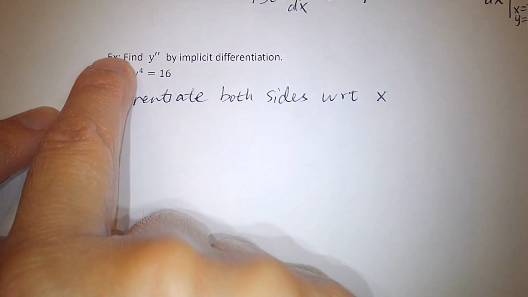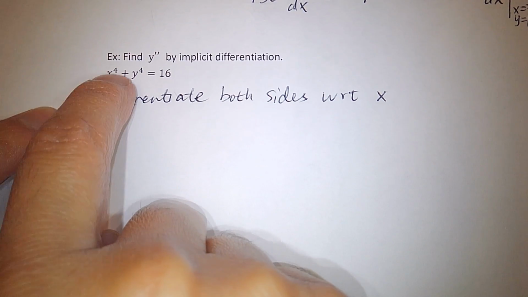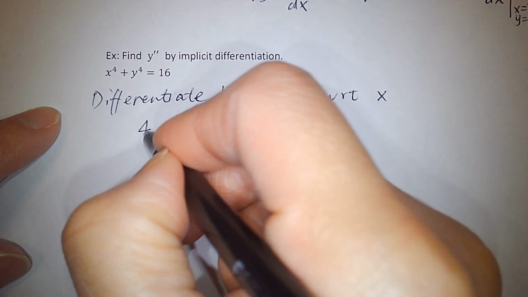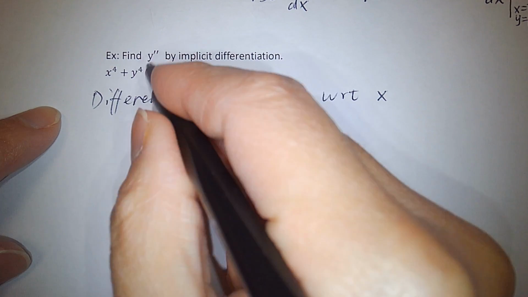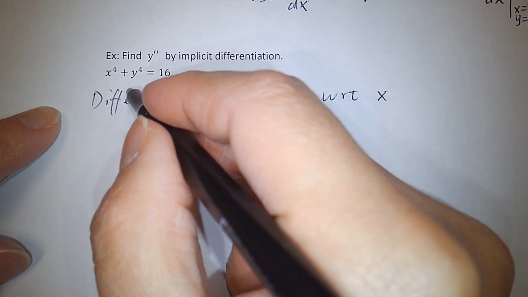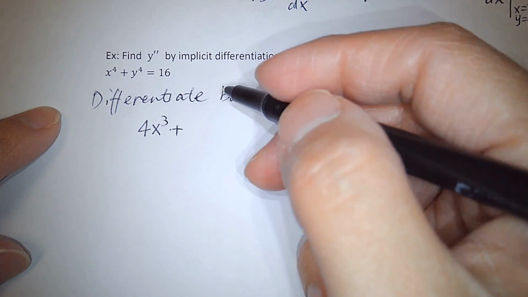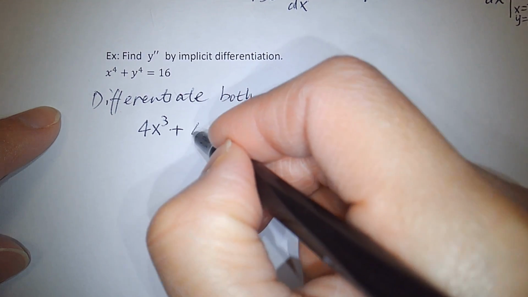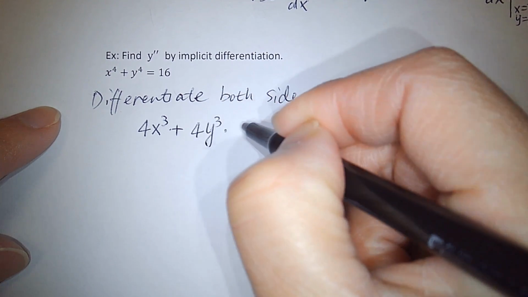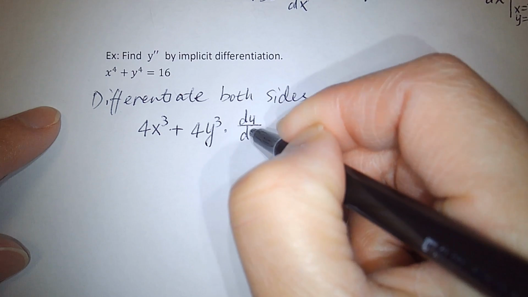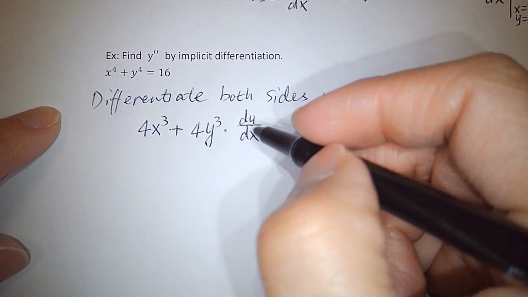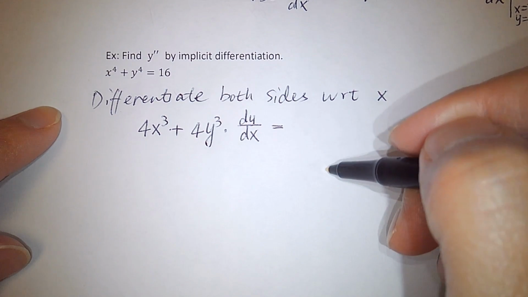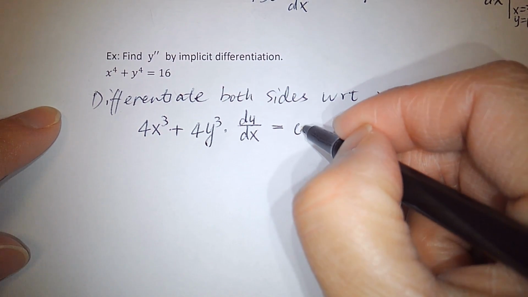So left-hand side, differentiate with respect to x. x to the fourth power will give us what? 4x to the cube, right? y to the fourth power with respect to x, by chain rule and power rule, we should have what? 4y to the cube times dy over dx, or y prime. Okay, either way. And then 16 is a constant. Derivative with respect to x gives us 0.